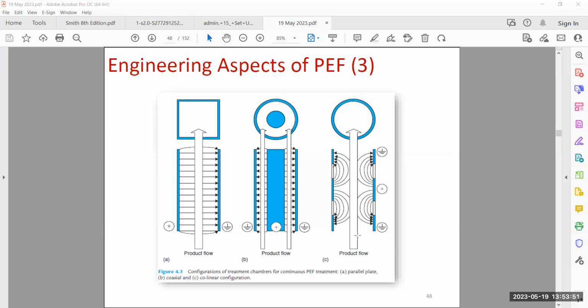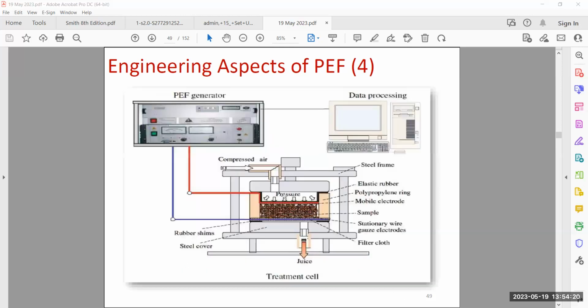And there's another way, what we call the collinear configuration. You would have electrodes here, here, and here, and then somewhat like a wave. Depending on the food product, if you have a lot of pulp, soluble solids or non-soluble solids inside, you will need to check the configuration of your pulse electric field.